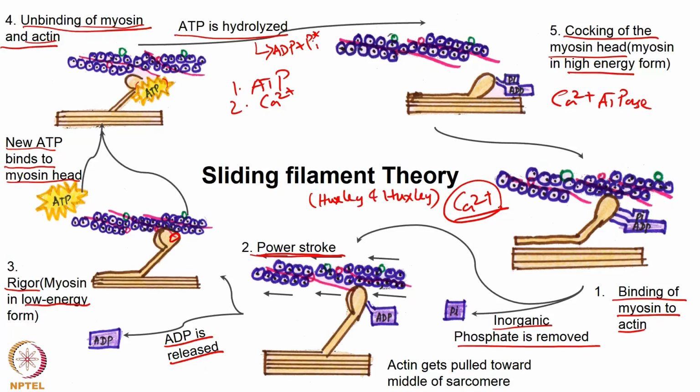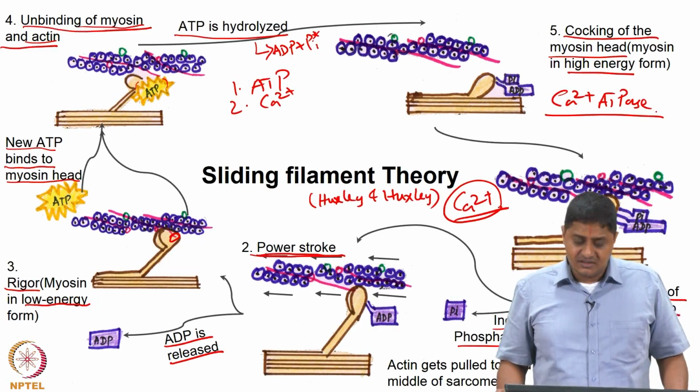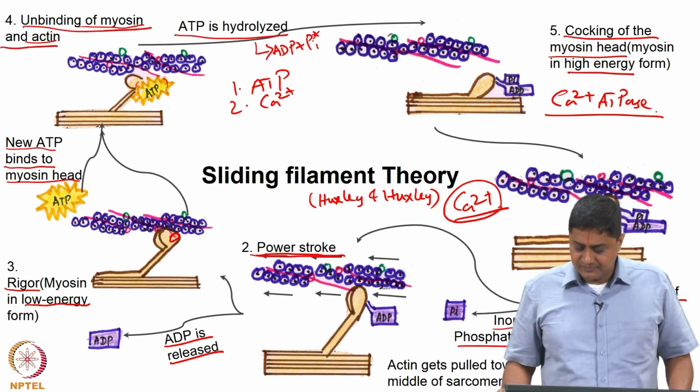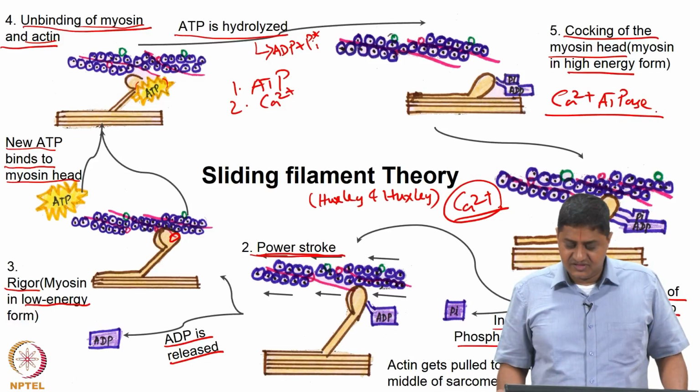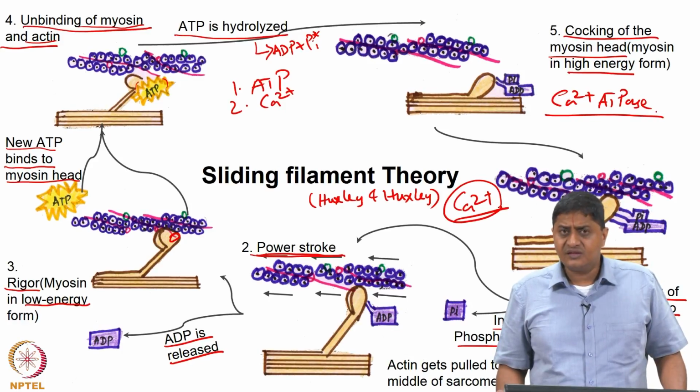So, there is an active process, energy is expended to take calcium and put it back into the sarcoplasmic reticulum. So, it is used only when needed. When calcium is released, it causes the muscle to contract and produce force. This is the theory behind the force production by the sarcomere.